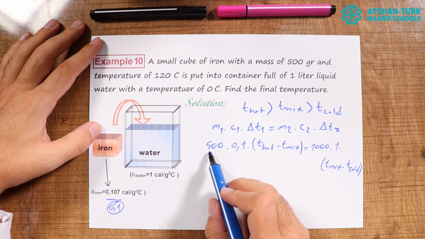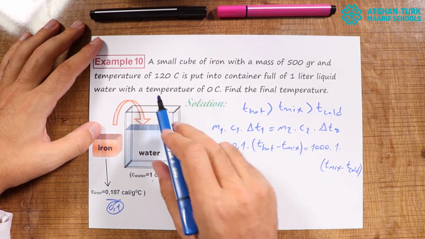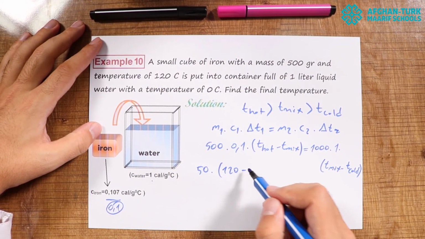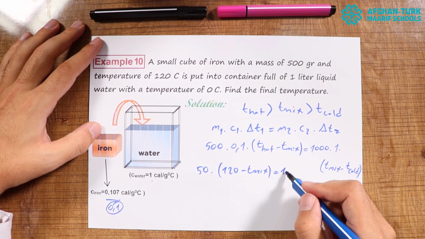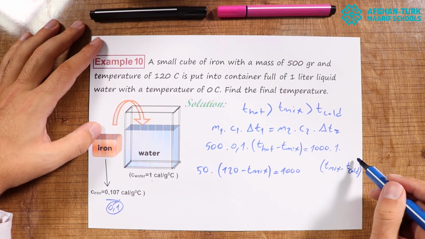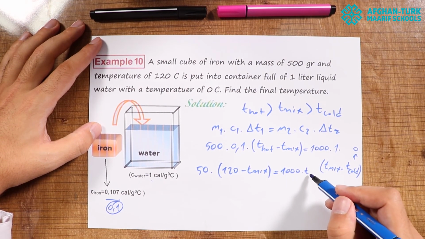So from here I will have 50 times T hot, which is 120 degrees, minus T mix, and that's equal to 1000 times T mix, because T cold is 0.